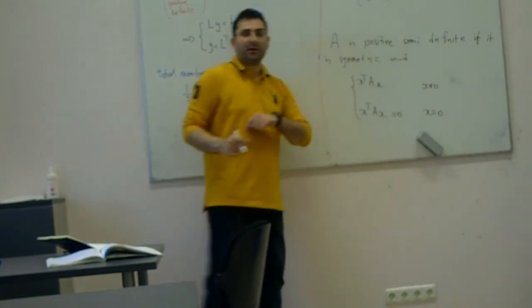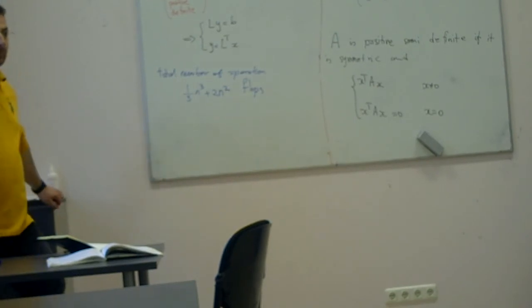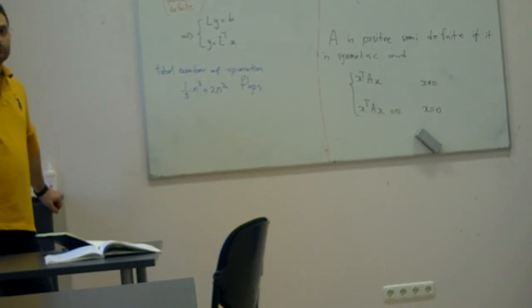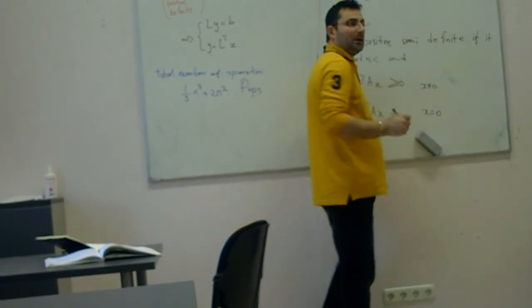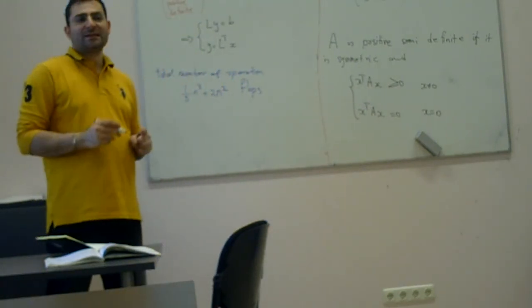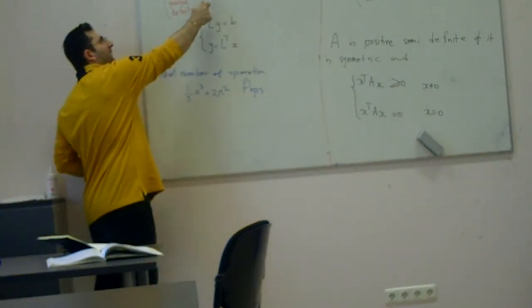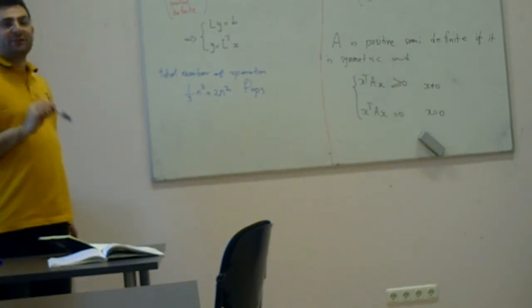What is the condition for positive semi-definite? It will be greater than or equal to 0. In other words, there are some terms which make this result 0, but x is not 0. Then in that case, we call it positive semi-definite. But we understand Cholesky factorization is valid if we have a positive definite matrix.